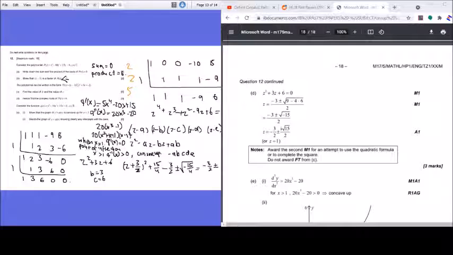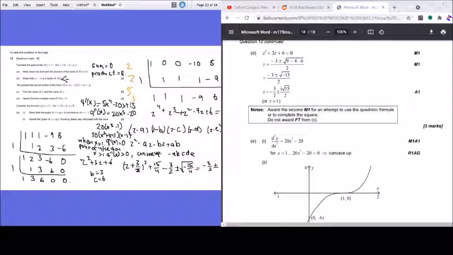And then they did this, or to complete the square. So award the second M1 to use the quadratic formula or to complete the square. So that's going to be -3/2 plus i root 15. Okay, so I got all 3 points for that. That's great.